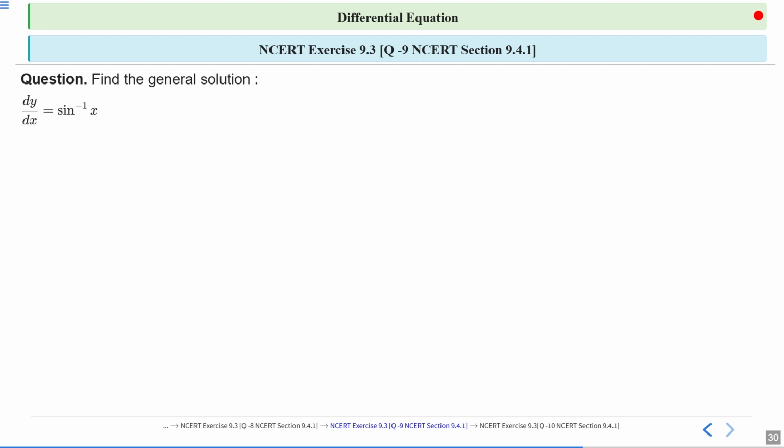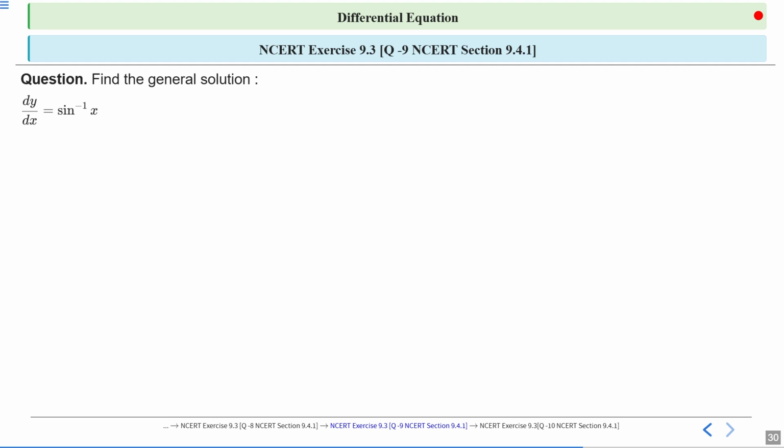Why? Because now we can separate the variables. We can write 1 by h(y) dy is equal to g(x) dx. So we just separate the variables. Then we can integrate individually the term with y with respect to dy and the term with x with dx. So when we integrate both sides, we get the integration of 1 by h(y) dy is equal to the integration of g(x) dx, and after integrating we get the general solution of the differential equation.